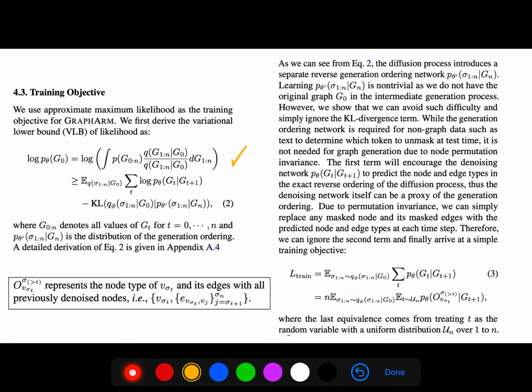And so the ordering represents the node type of V sigma and its edges at this O. When we see O, that you see in the loss of the training. This is the node types, with all previously denoised nodes.